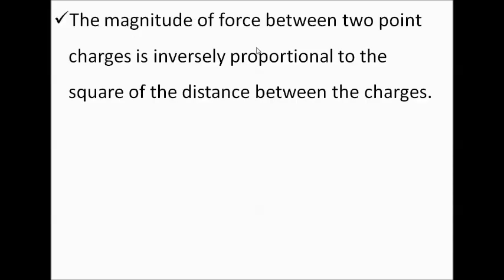So after all these experimental observations, Coulomb concluded that the magnitude of force acting between 2 point charges is inversely proportional to the square of the distance between the charges. And we can represent this relation mathematically like this.